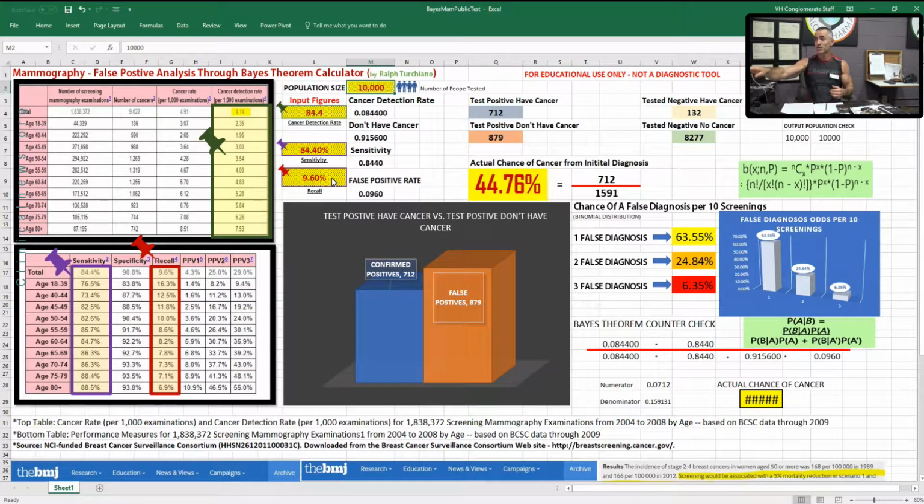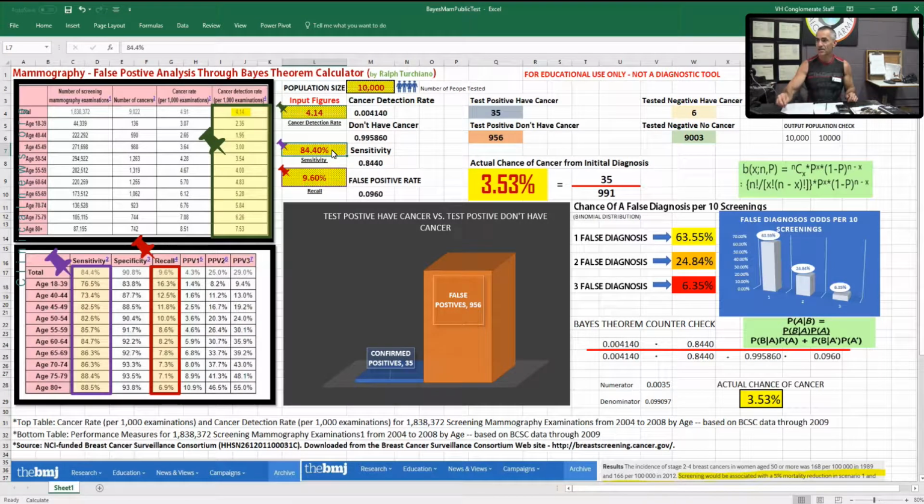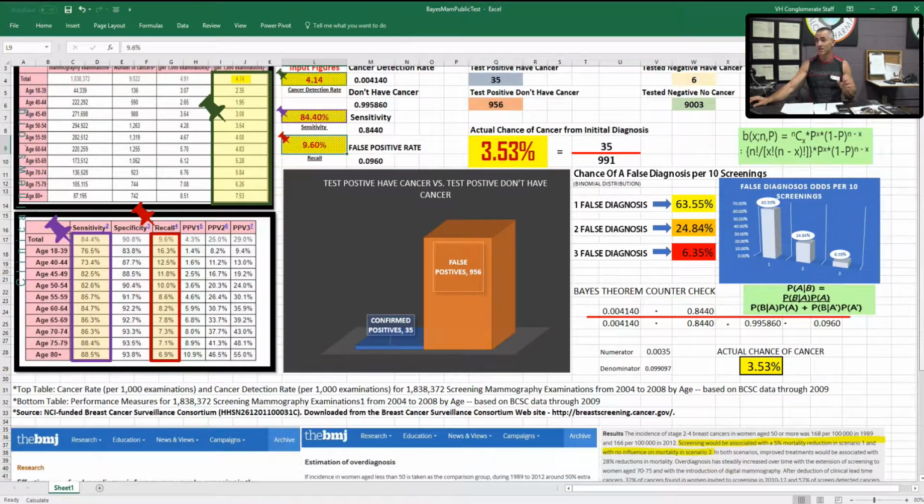So they'll think there's a 44.76% chance, so they'll think the odds are fairly decent of an individual who receives a positive test result initially of having cancer, when in reality, if we go back to the average real fast before we wrap this up, 4.14, and then you go down to sensitivity of 84.4, which we already have, and the recall rate of 9.6, it is 3.53%.